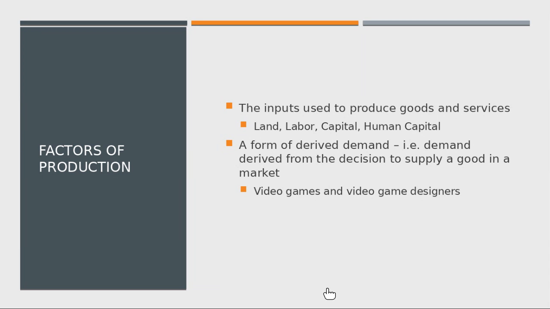And then finally, human capital. And human capital is a little different than labor. Labor is the actual effort exerted by human beings to create products. Human capital, however, is the knowledge required to create those goods and those items. So to give you an interesting example here, think about an ergonomic mouse.